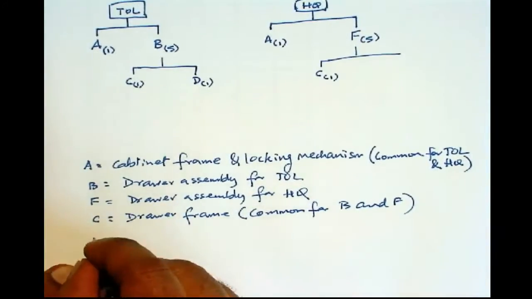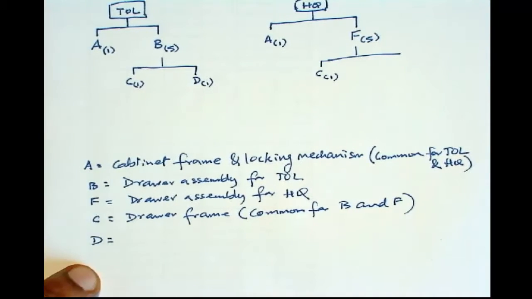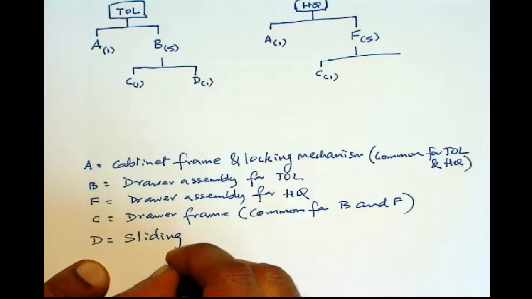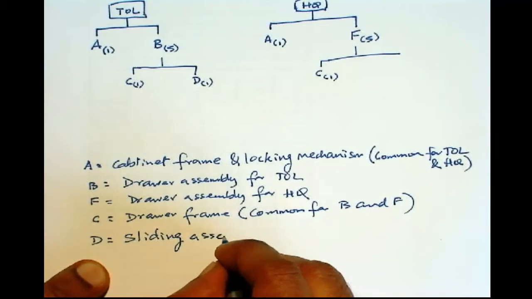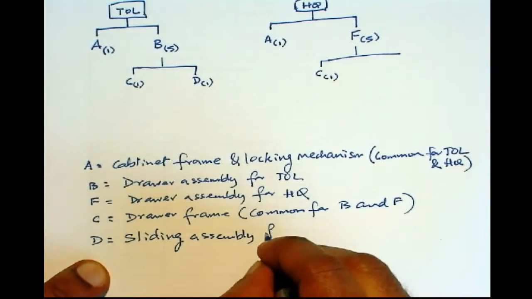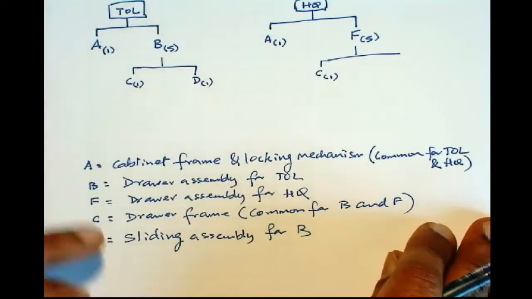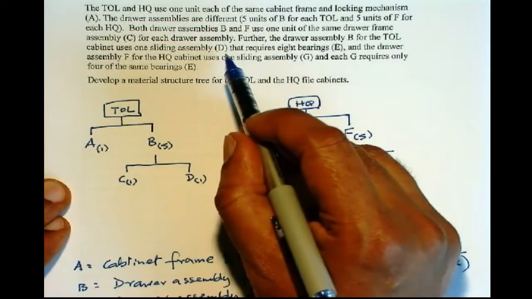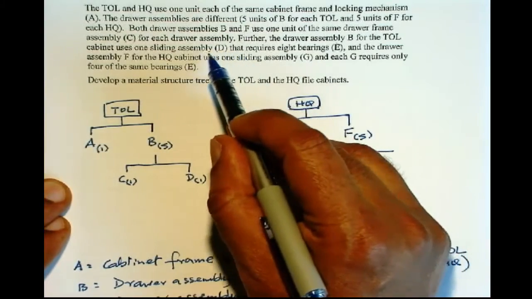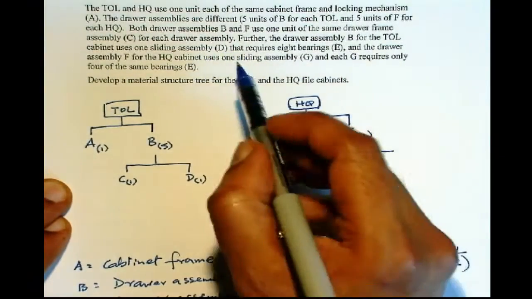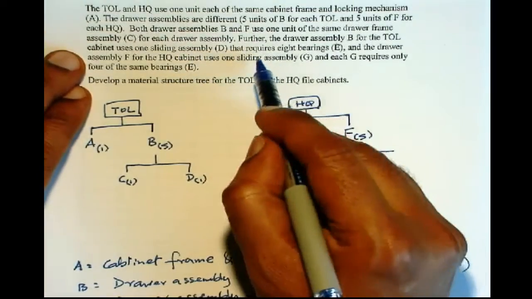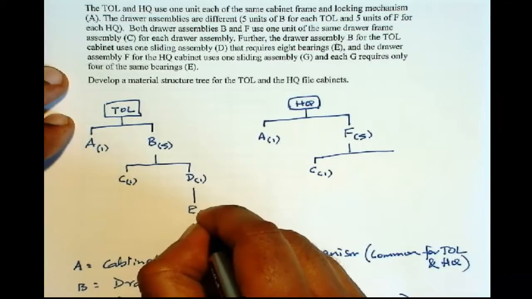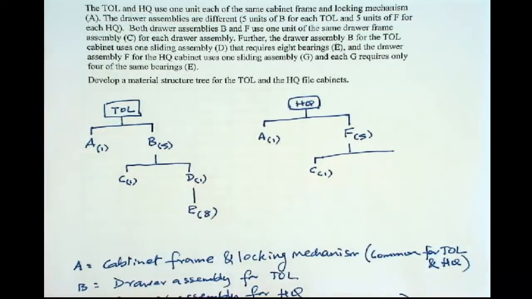So D is the sliding assembly for B. Okay, sliding assembly D requires 8 bearings each. So this D requires 8 bearings.